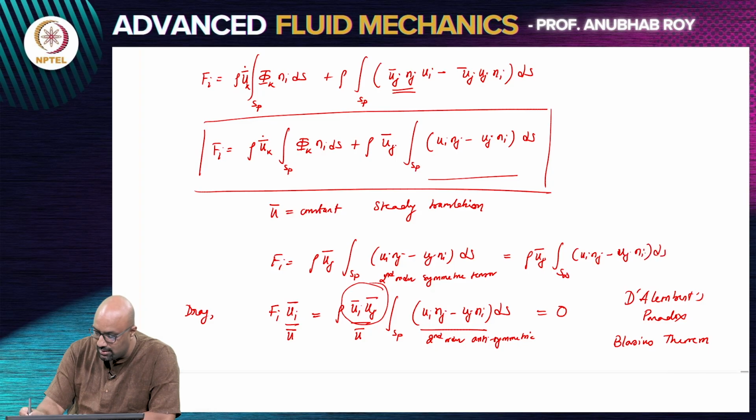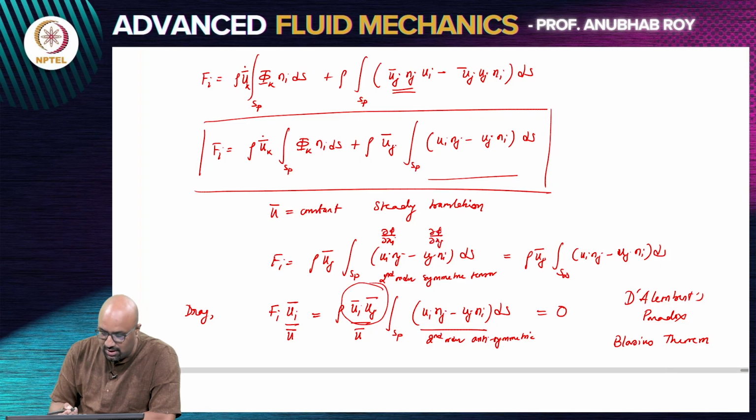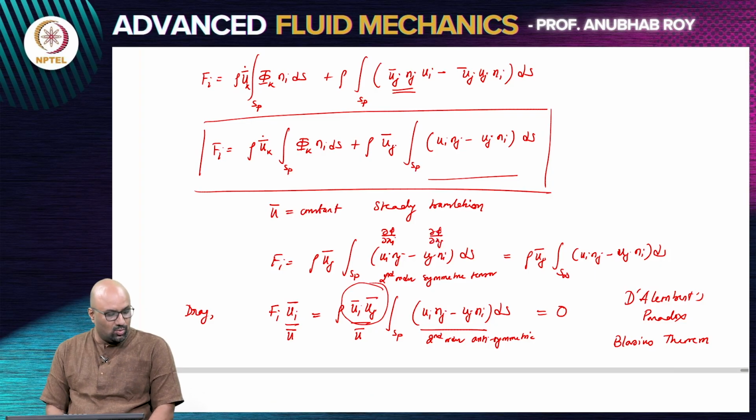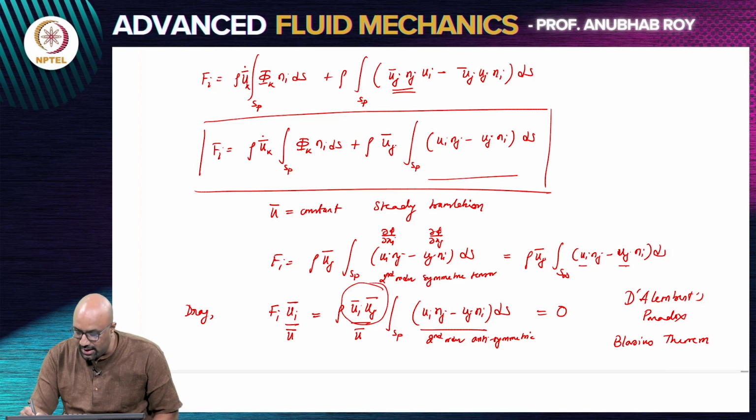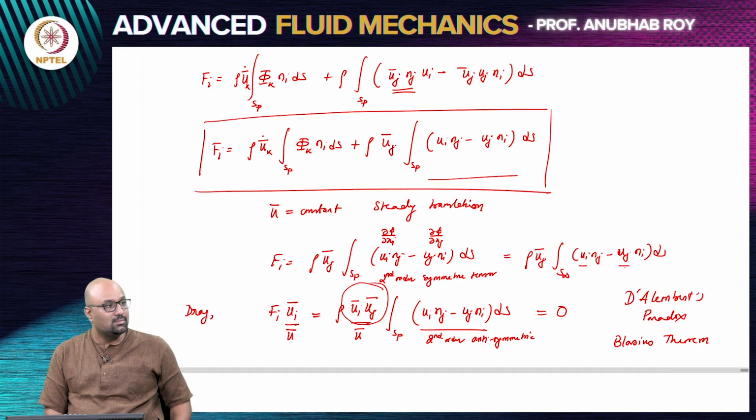You can write u_i as dou phi dou x_i, u_j as dou phi dou x_j. You apply the divergence theorem and you will be able to show that this is actually the same as the integral evaluated at infinity.